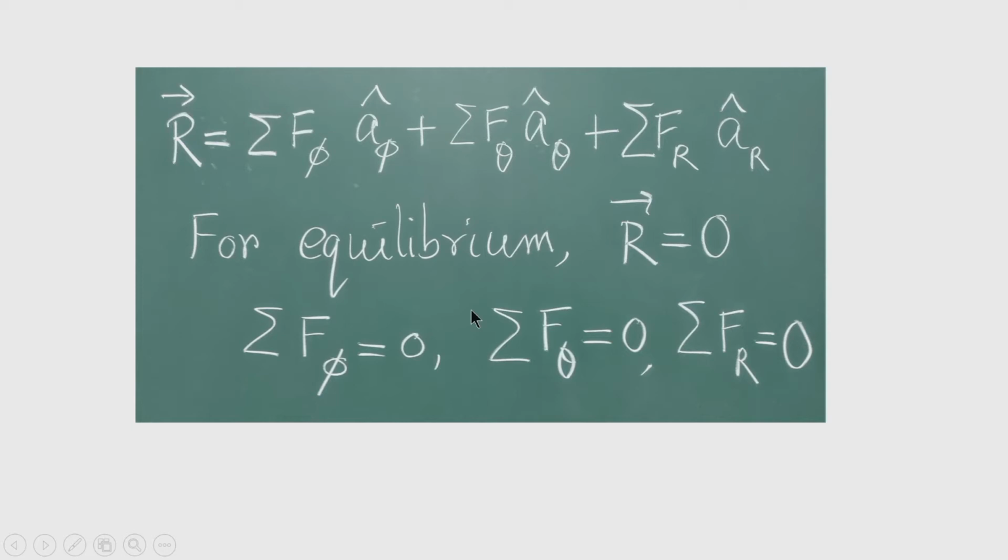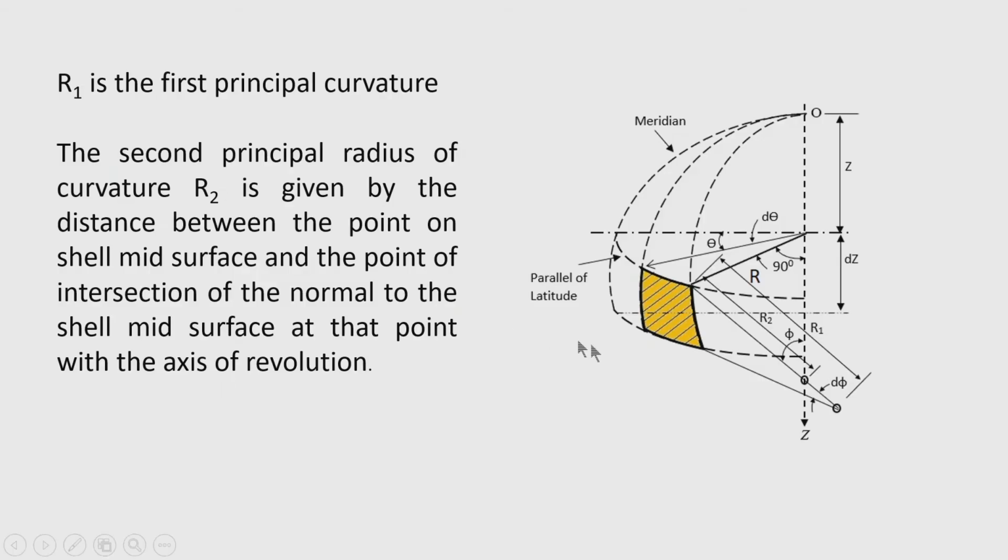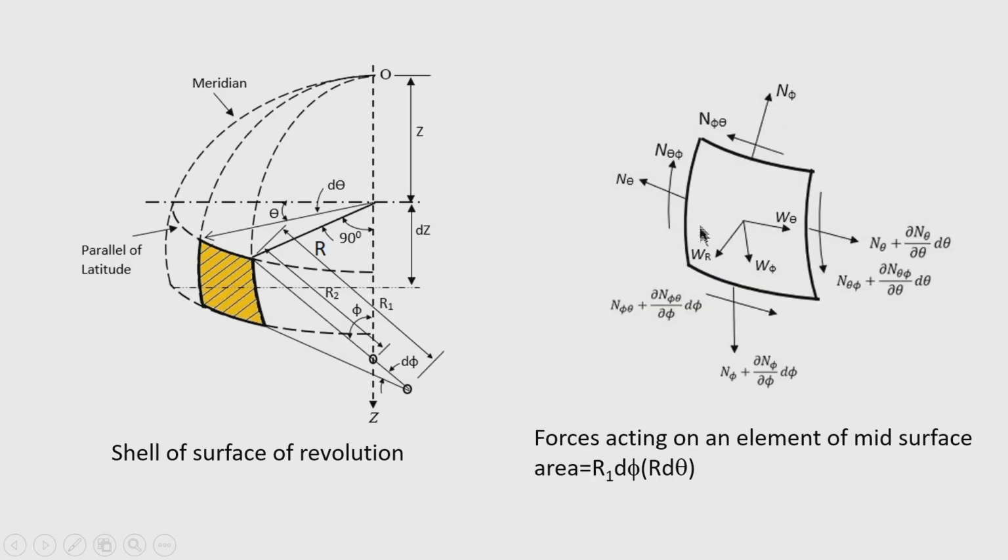So, the principle of forming the equilibrium equation is that we have shown the differential element and the forces acting on it, and then we resolve all the forces in the direction of the meridian, that is, tangent to the meridian.